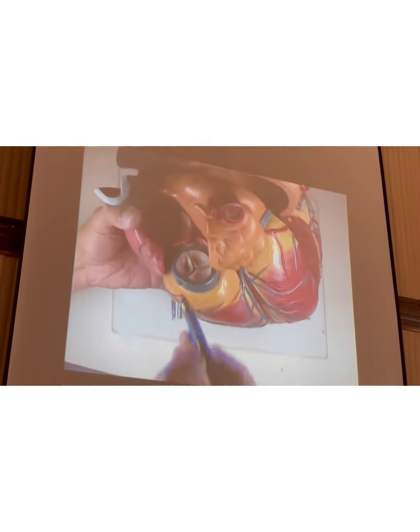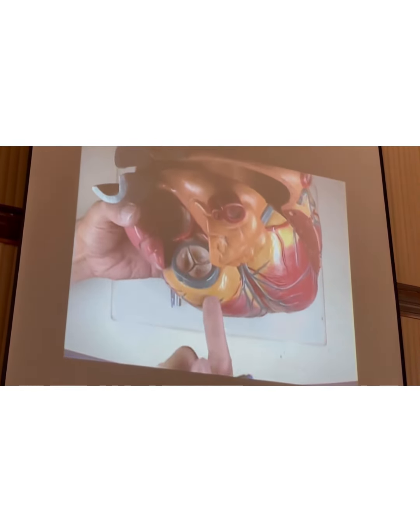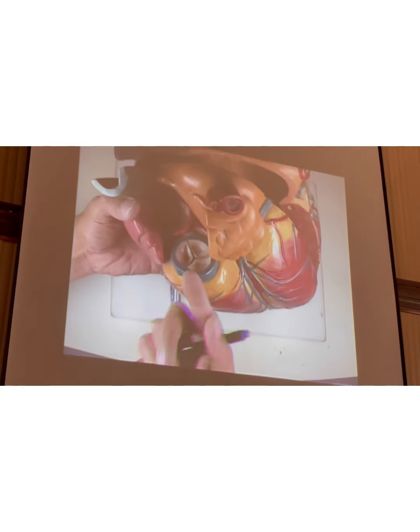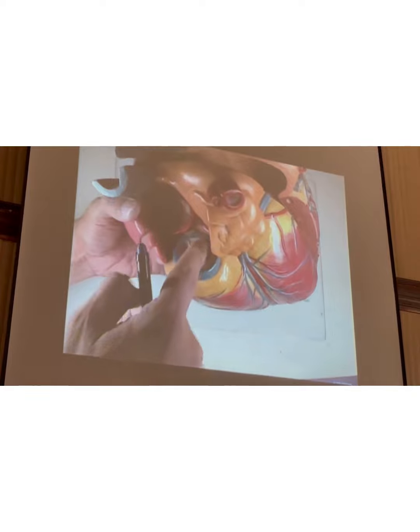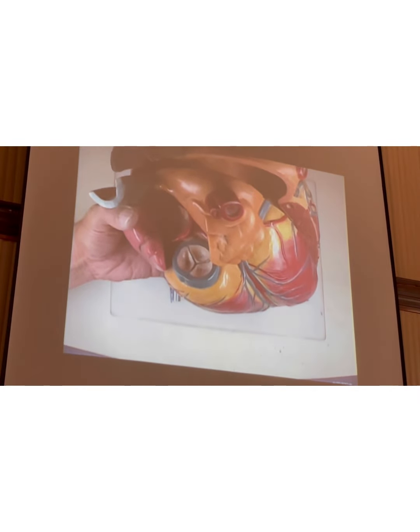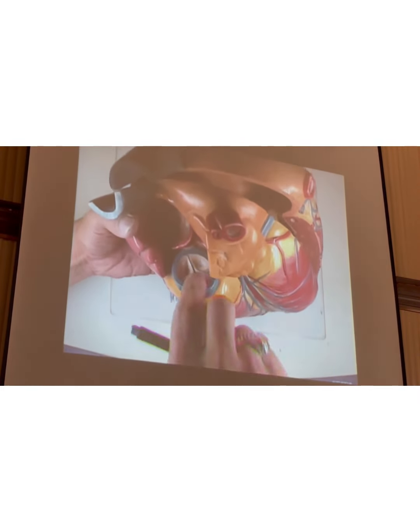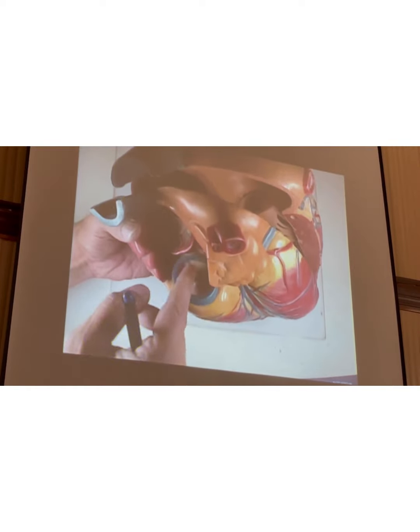So during systole, the blood will push these semilunar valves against the wall, and the blood goes up. Okay, this will get pushed against the wall.